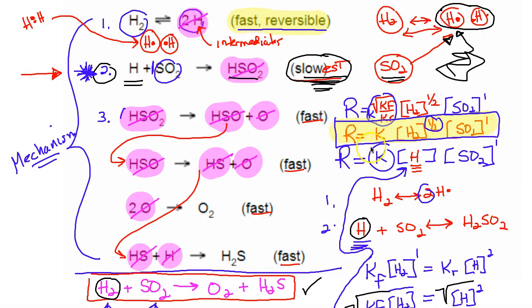So this rate law that we just found represents the rate law for this reaction using this series of steps, using this mechanism. Okay, it's important that you realize that this fast equilibrium gave us the opportunity to work backwards and find an equivalent for what? An intermediate. Remember, this is an intermediate here.